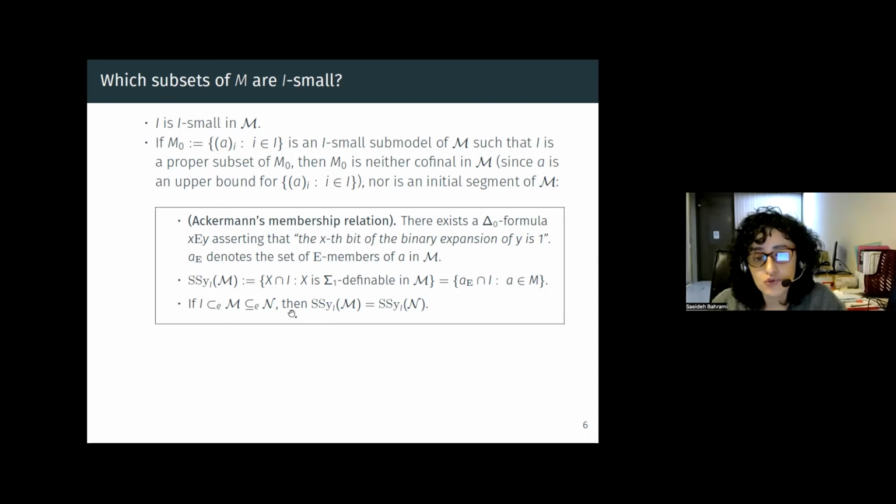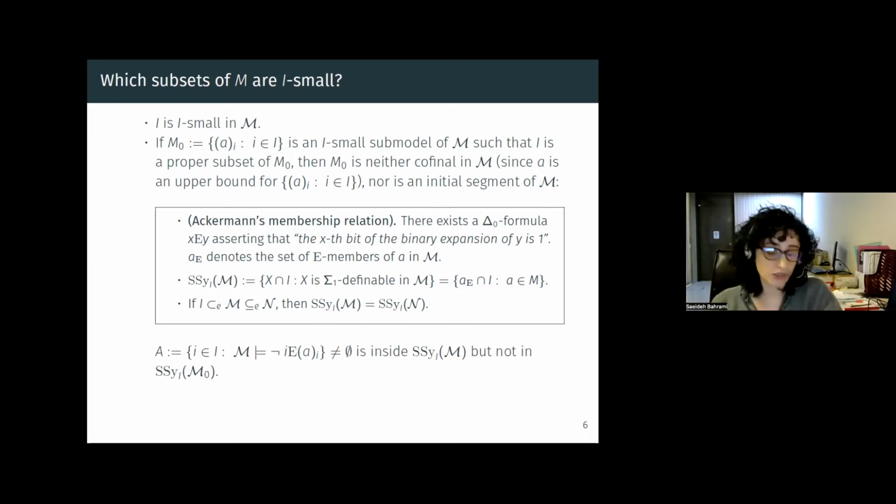It is easy to prove this fact. So if M0 is an initial segment of M, it has to have the same I standard system as M.